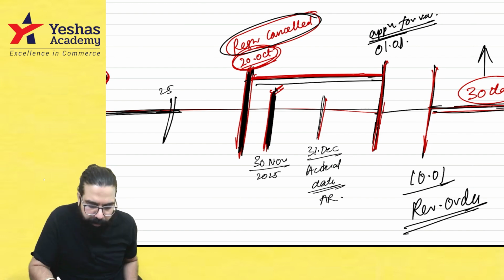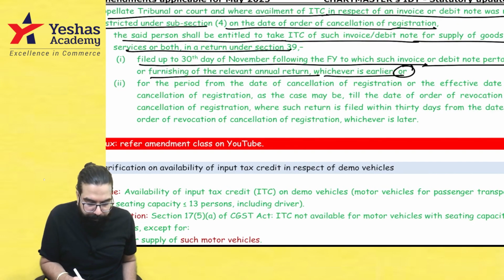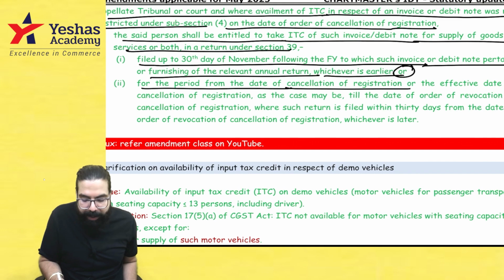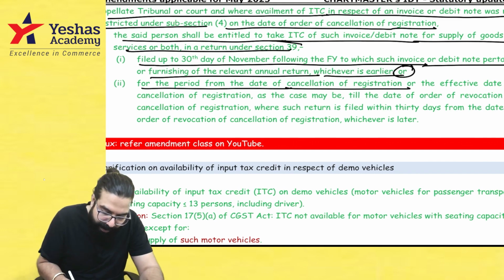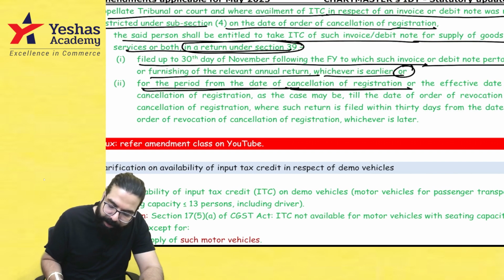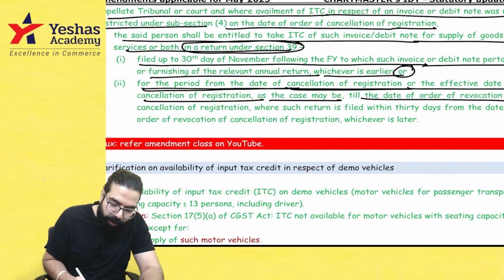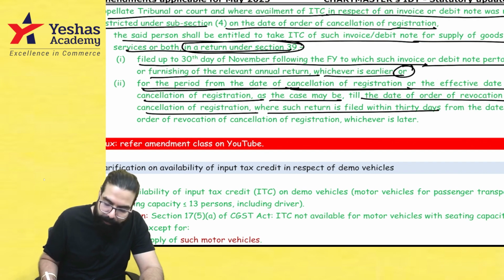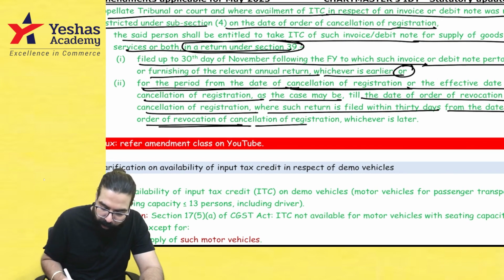So they are telling, or for the period from the date of cancellation, whenever you file a return under section number 39, for the period from the date of cancellation or the effective date of cancellation, as the case may be, till the date of order of revocation, where such return is filed within 30 days from the date of order of revocation, whichever is later.